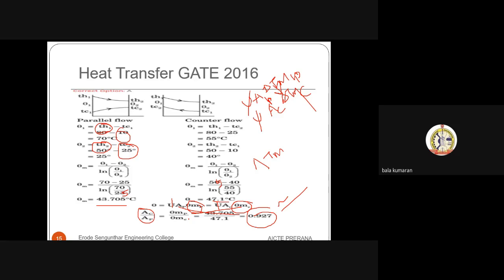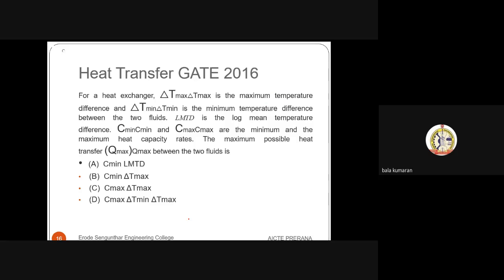Got it? Okay, fine. The next question is just a question and answer session. Actually, this is not problematic, but for this also they have awarded 1 mark, which is easy to get. These questions will be like this, from 2016, for the heat exchanger. Del T max is the maximum temperature difference, and del T minimum is the minimum difference.